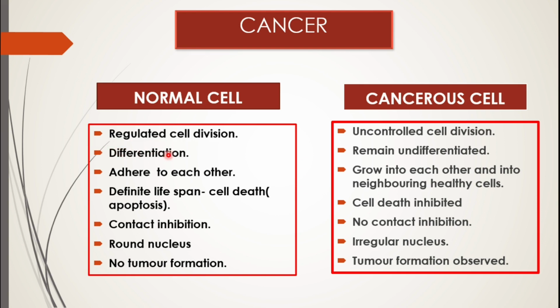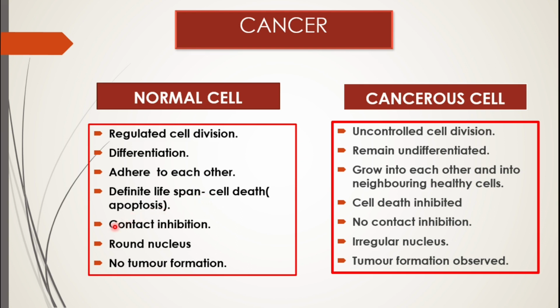Differentiation is a very characteristic feature of a normal cell. And these differentiated cells adhere to each other. The moment they start growing, they adhere to each other. And each cell has a definite lifespan. After the lifespan, the cell undergoes the process of cell death known as apoptosis. So there is a lifespan and the cell dies.